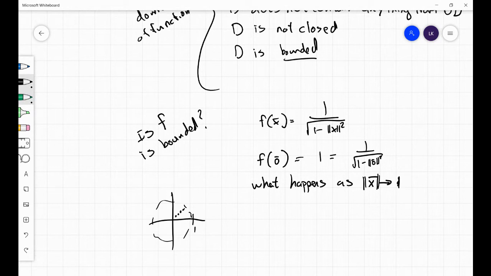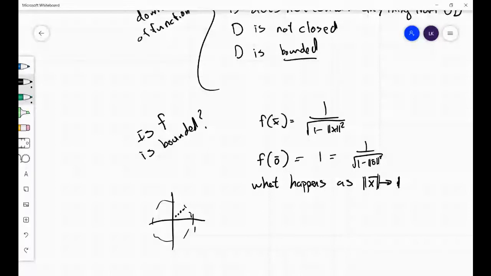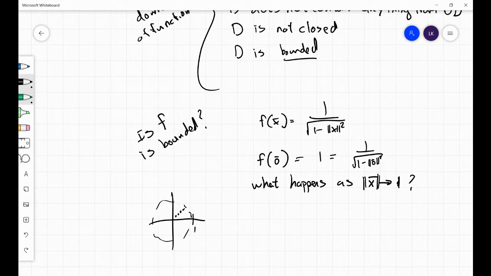Of course, the denominator is going to approach 0. So the answer to what happens as the magnitude of x goes to 1, from below, is that the function goes off to infinity, because you get 1, a finite number, divided by something which approaches 0.